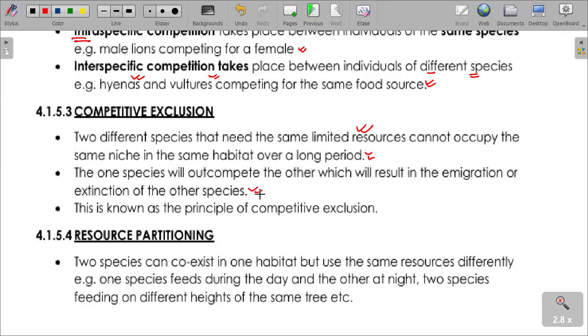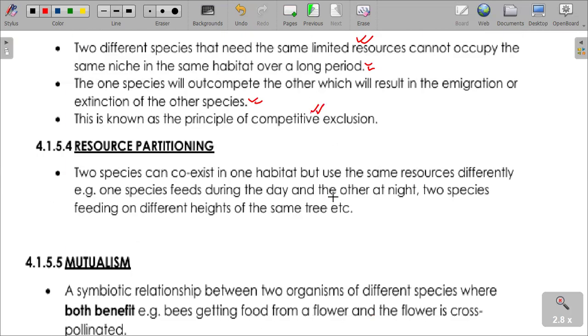This is known as the principle of competitive exclusion, where two different species that need the same limited resource occupy the same niche, and one species will outcompete the other, resulting in the weak population migrating or becoming extinct because of the other. Hence, we call that the principle of competitive exclusion.